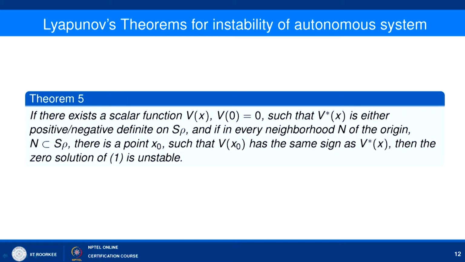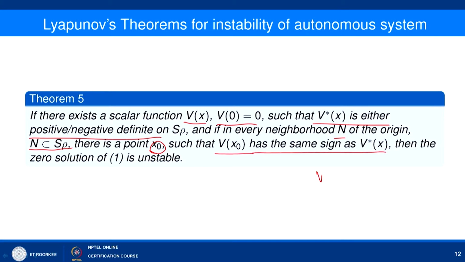So, if there exists a scalar function V of x such that V of 0 equal to 0, here we are not requiring any positive definiteness or negative definiteness of this scalar function, such that V star x is either positive definite or negative definite on S rho, and if in every neighborhood N of the origin where N is contained in S rho, there is a point x naught such that V x naught has the same sign as V star x.